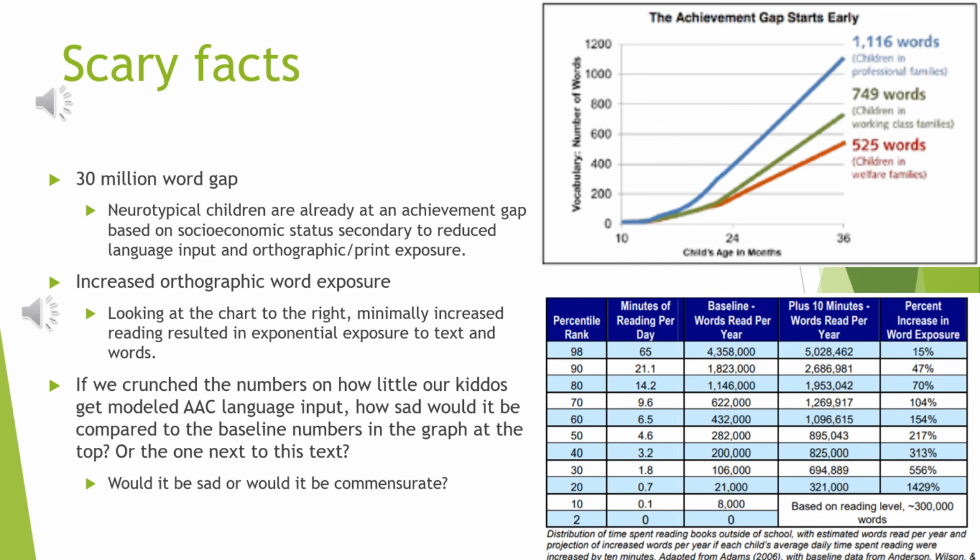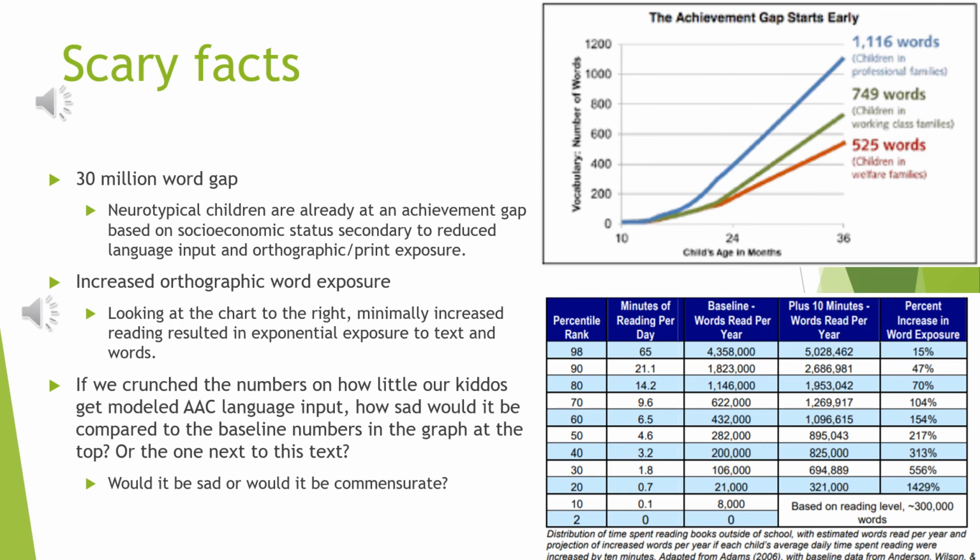So if we look at the 30 million word gap, the achievement gap, that's this first chart up here on the right, we can see on this graph that the achievement gap starts really early, okay? This is for kids as young as a year who are neurotypical. They're already at risk of reduced achievement because they just don't have access to reading materials.